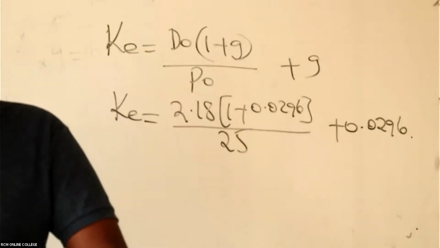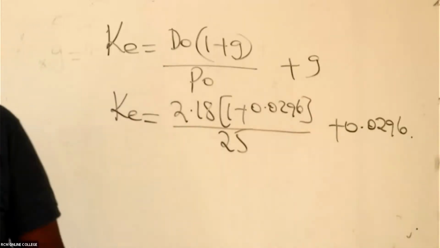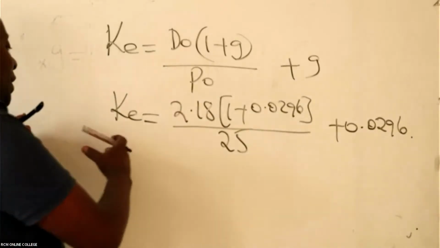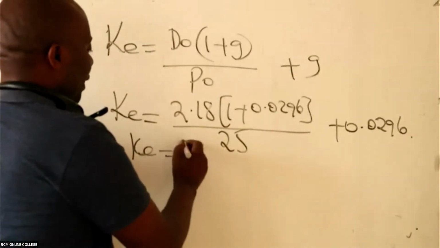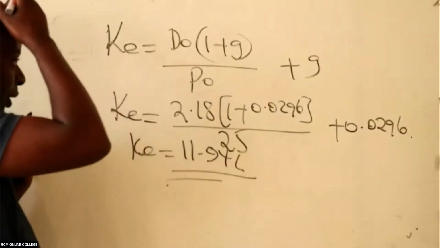Yeah, 11.94. I agree. So the cost of equity is 11.94%. Thank you so much.